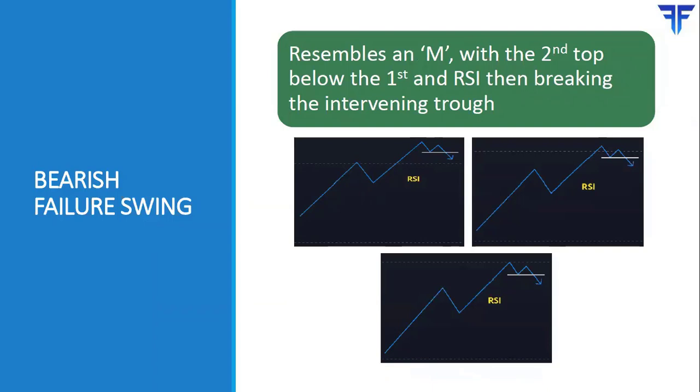RSI is a bounded indicator that fluctuates only between 0 and 100, and 50 is the midpoint of RSI. But if you see a failure swing occurring at overbought levels, or at oversold levels, then they typically tend to be quite reliable and quite strong patterns. So that is how they look.